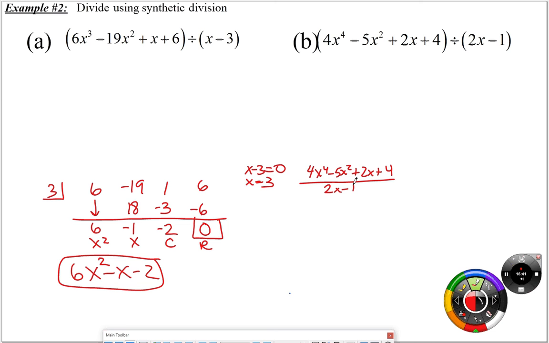However, I could rewrite this and get the coefficient to cancel out if I factor out the coefficient I don't want. So if I factor out the 2, what does what I'm dividing by now look like? X minus 1/2. But if I want to be able to cancel out the 2, why am I allowed to do this? Let's see. 18 divided by 6 is 3.